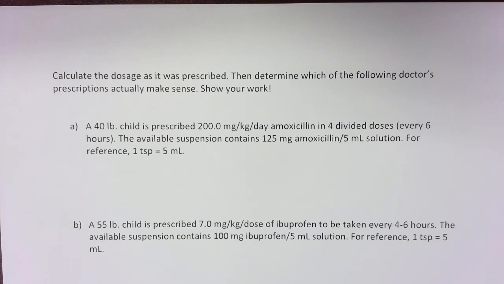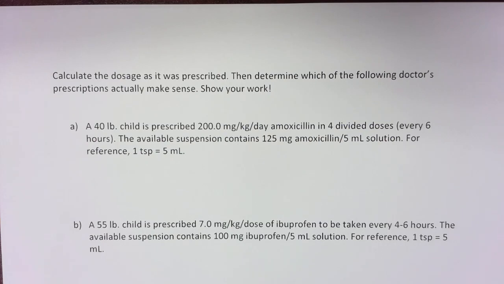For example, we wouldn't want to give a toddler 21 pills of something, or 50 milliliters of some medicine. So you have to think about, did you do the math correctly? But in addition to that, you also need to think about, does the dosage make sense as it is prescribed? People make mistakes.